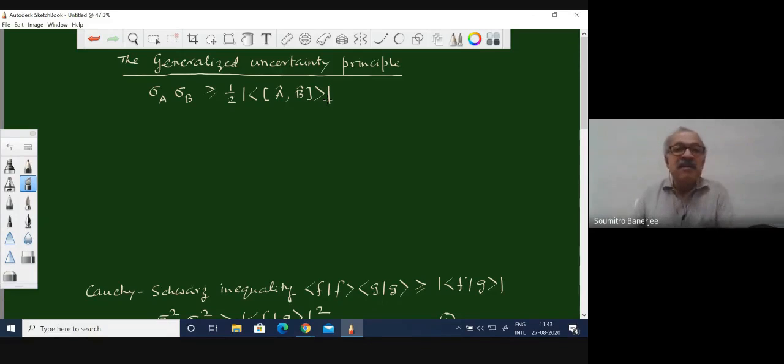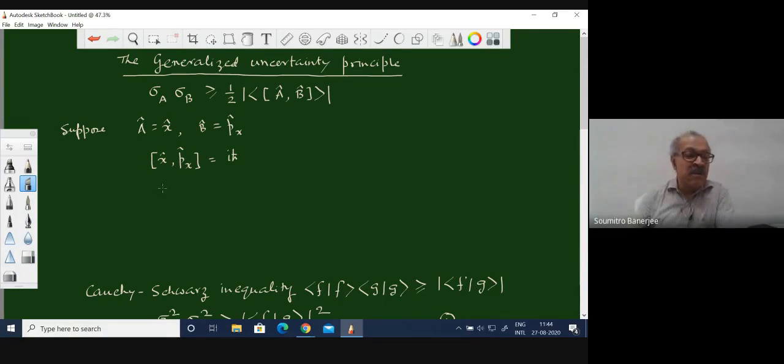And you can see that if you assume A to be X and B to be Px, then we know that the commutator between x and px, this is something that you've done last year, is equal to i h cross.